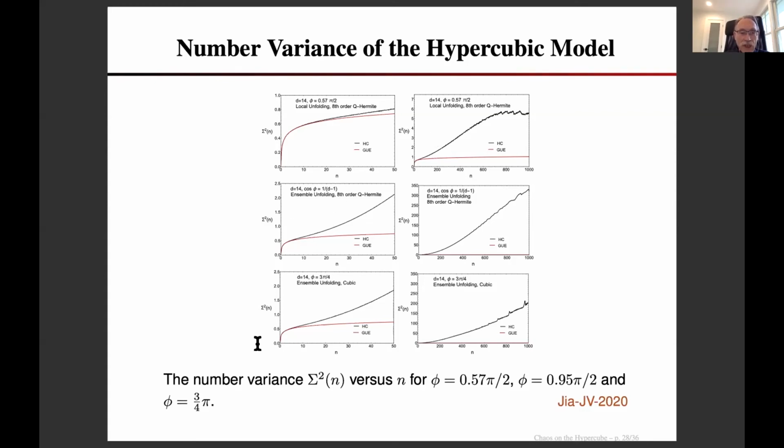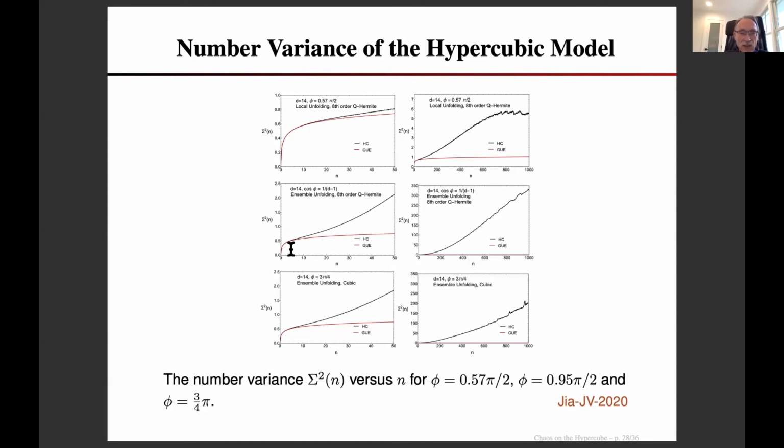For the hypercubic model, you don't have these collective fluctuations. So that means that for large n, the deviation is much less than in the SYK model. This is the same figure, but for all the way up to 1000.